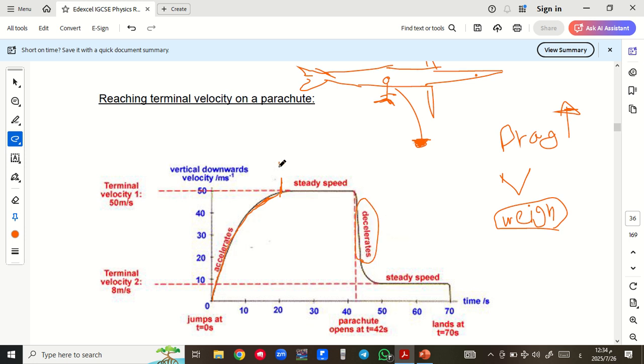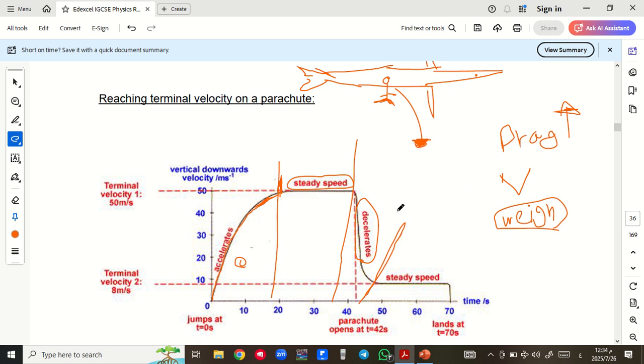So we can divide this curve into 3 or 4 parts. First, when he jumps from the plane, his speed will accelerate. This is the first part of the curve. Then his speed will not accelerate, so he stays at a steady speed.